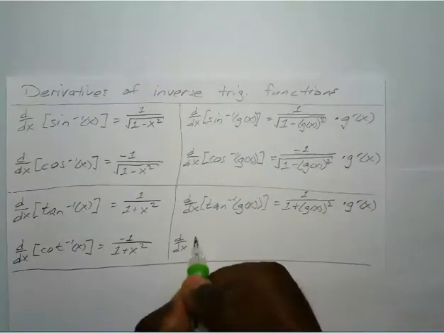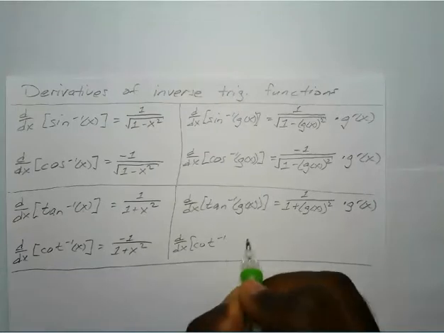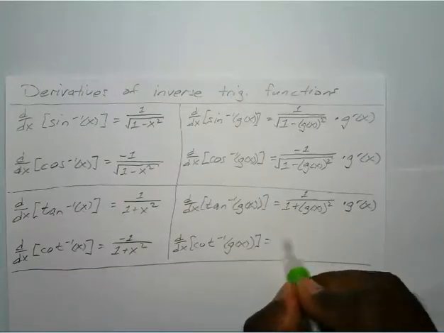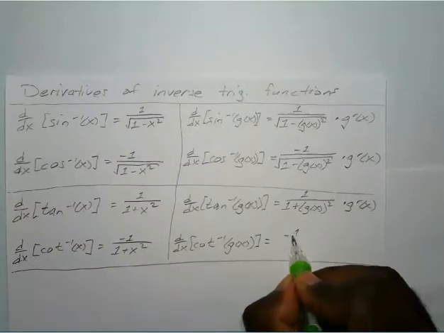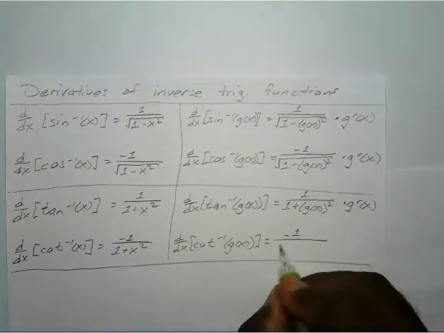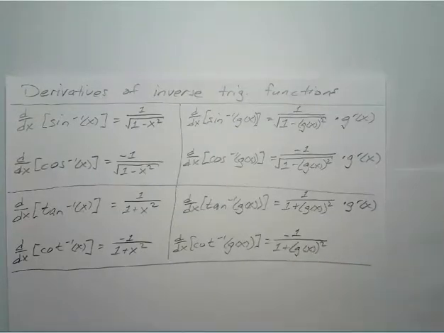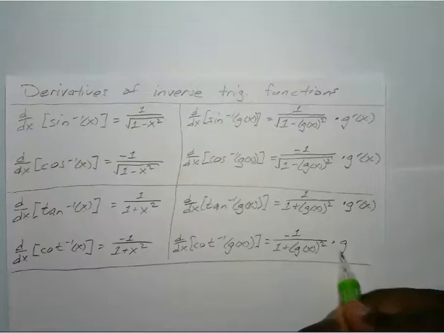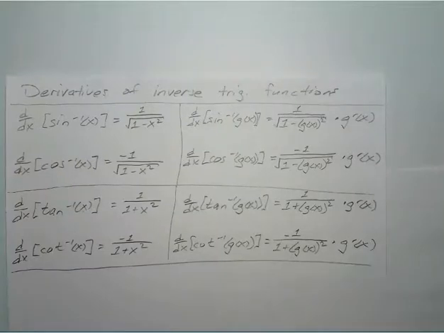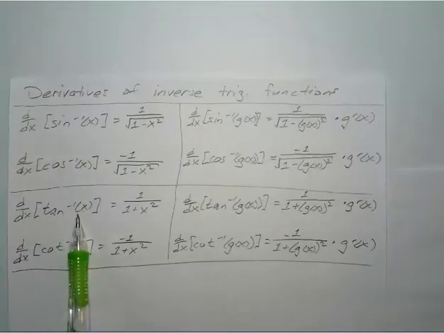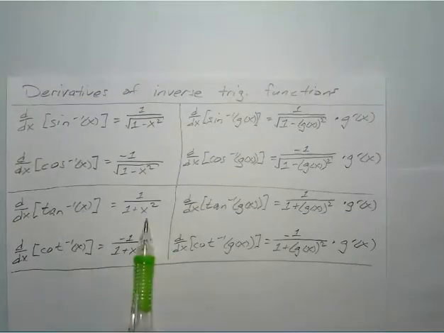The derivative of cotangent inverse of some function of x will equal negative 1 over 1 plus that function of x squared times the derivative of that function. And once again, if you remember tangent inverse of x, then you can remember the rest of these because they're slight changes to them.